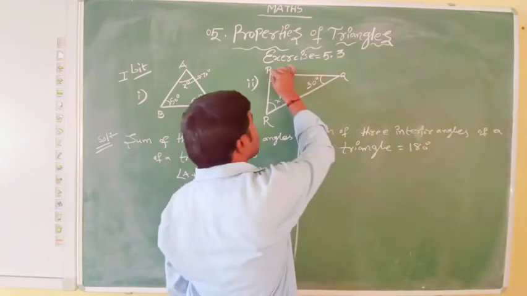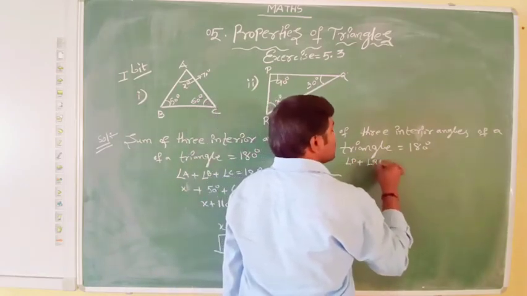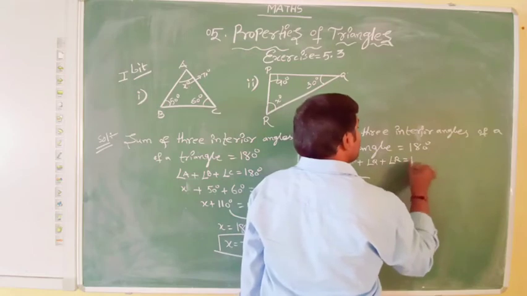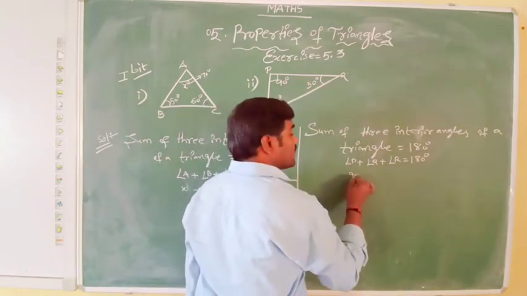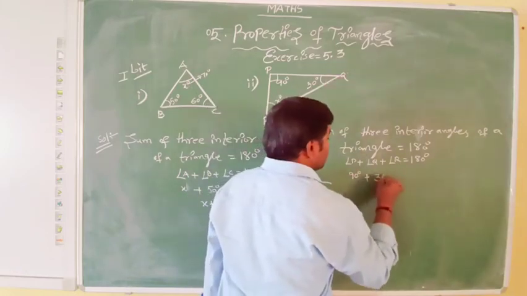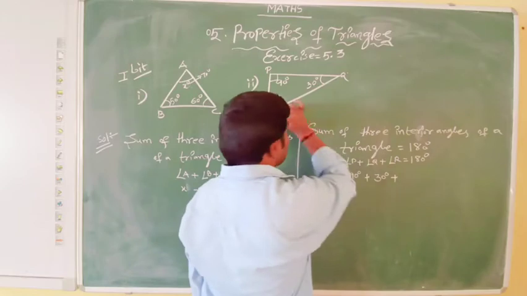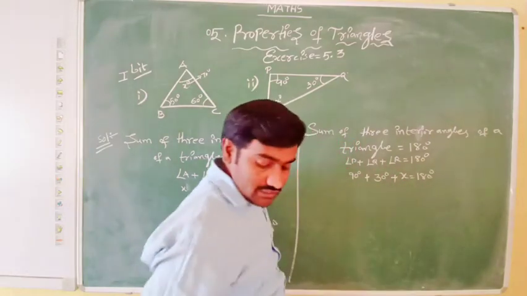Here, what are the interior angles? P, Q, R. So let us write angle P plus angle Q plus angle R is equal to 180 degrees. Angle P is 90 degrees, we know that it is a right-angled triangle. Angle Q is 30 degrees plus angle R is x, that equals 180 degrees.